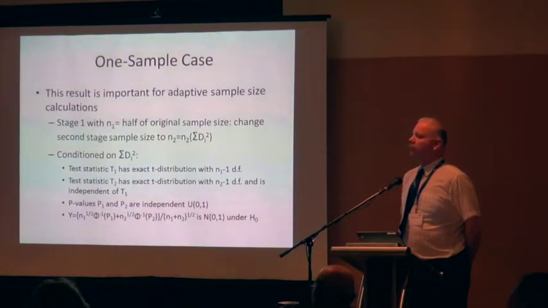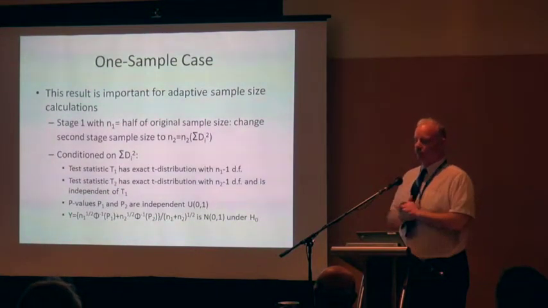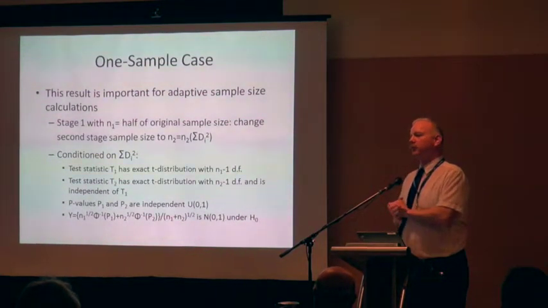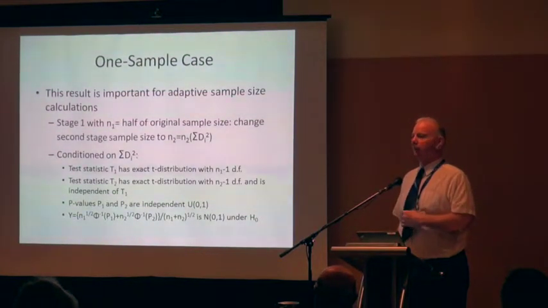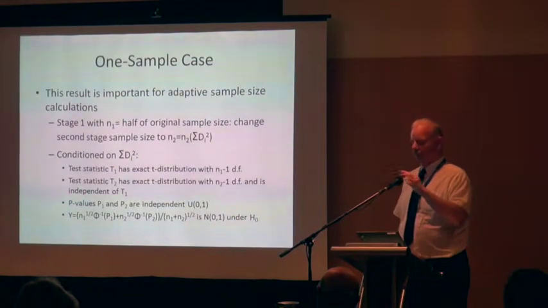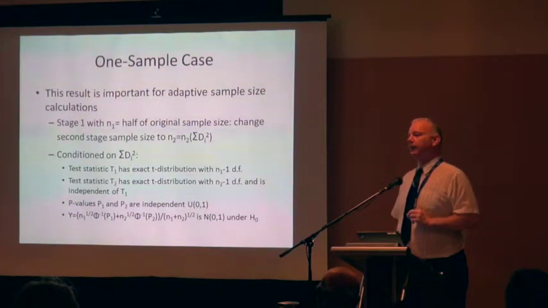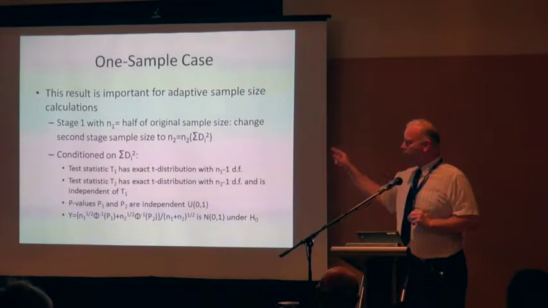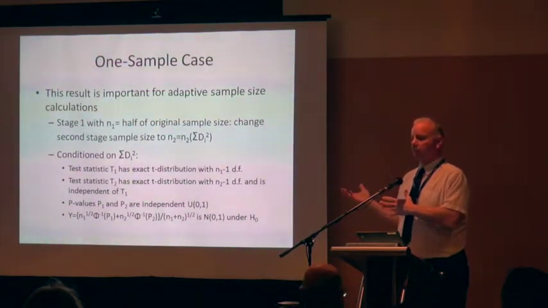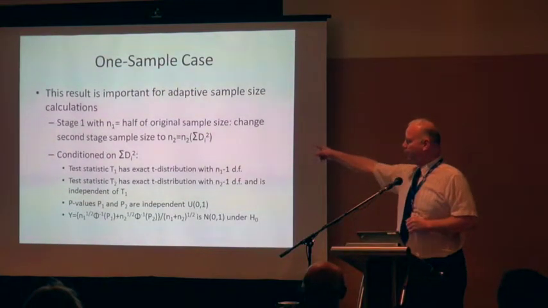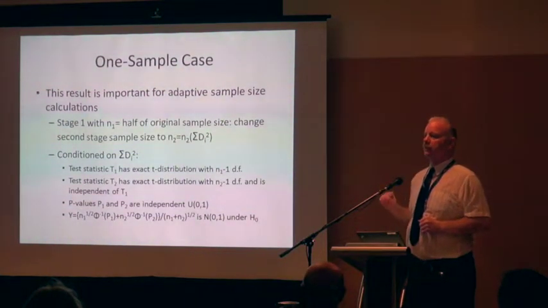Okay, so this is a method for when, before the trial starts, you don't necessarily have such a good estimate of the treatment effect, I'm sorry, not the treatment effect, but of the variance. And so you are going to use this method to get a better estimate of the variance, and that's where you use the sum of the d_i squared.